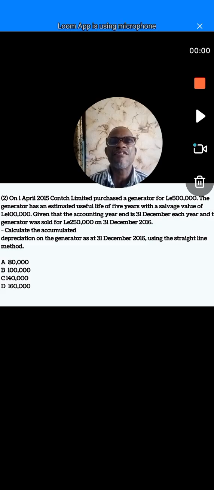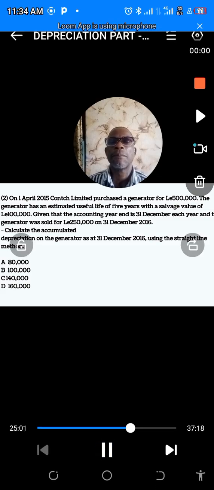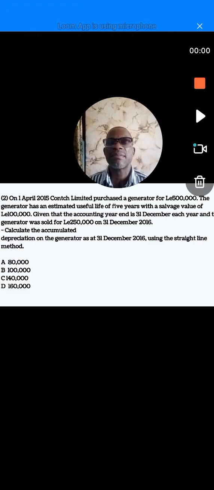Given that the accounting year ends on 31 December each year, and the generator was sold for 250,000 on 31st December 2015, calculate the accumulated depreciation on the generator as at 31st December 2016 using the straight line method. Your time begins now. You have just 1 minute to do the calculation and give us your answer. The time begins now.